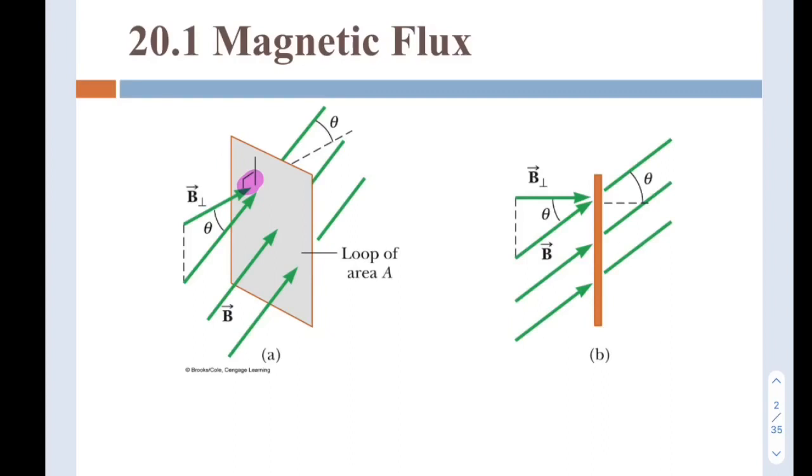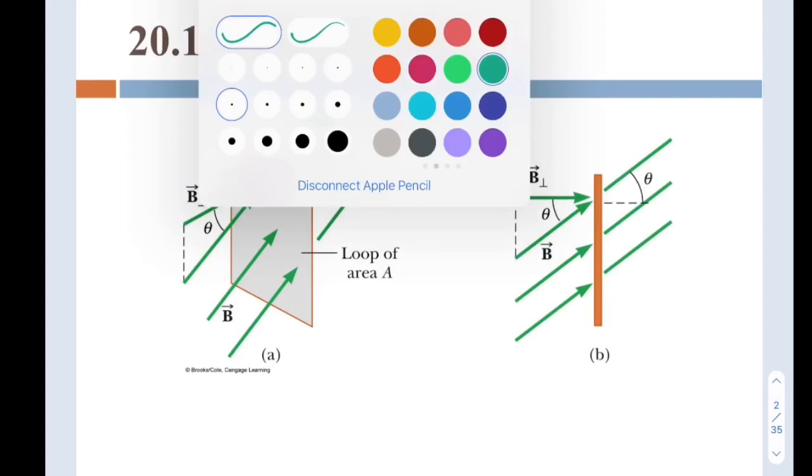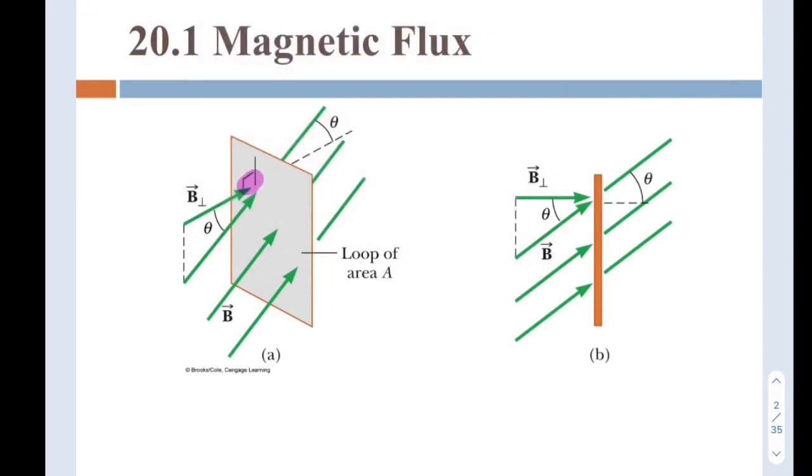So to make it easy for us, we are either going to use the B perpendicular or resolve the B, or we can also resolve the A by figuring out where the normal line of the A is.